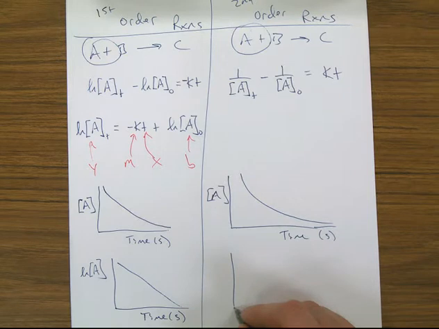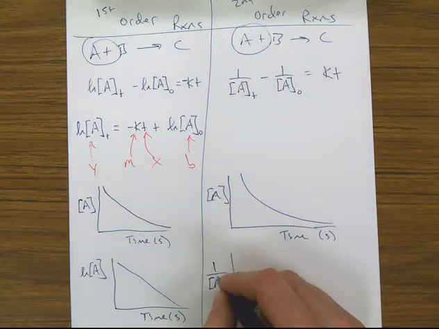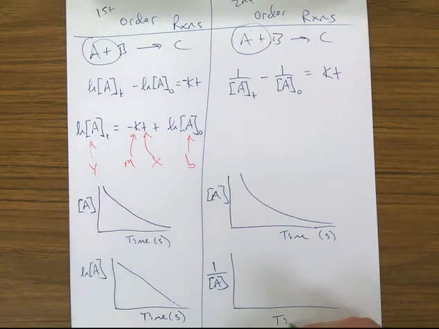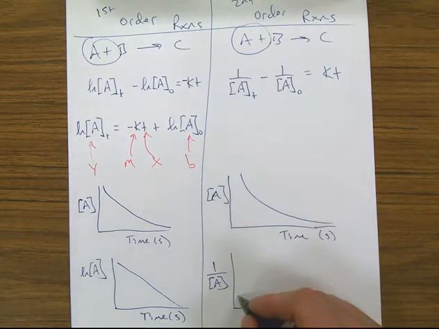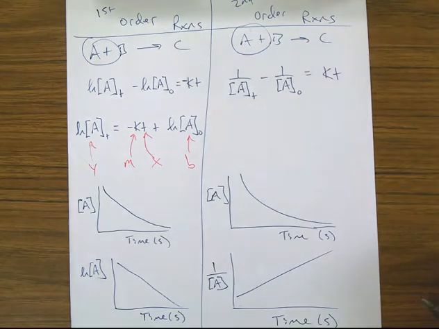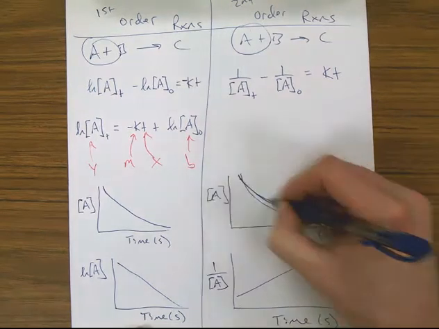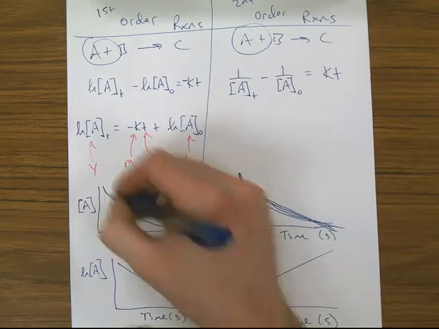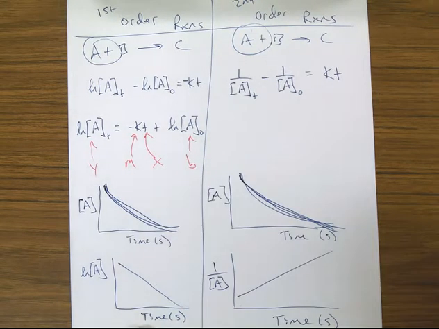You know it's second order if you graph 1 over the concentration of A against time in seconds, and you'll get a positive linear relationship. By the way, this should look a little more like a straight line than I drew it, and the other one should look a tad more like a curve, a bit more curved than this one.